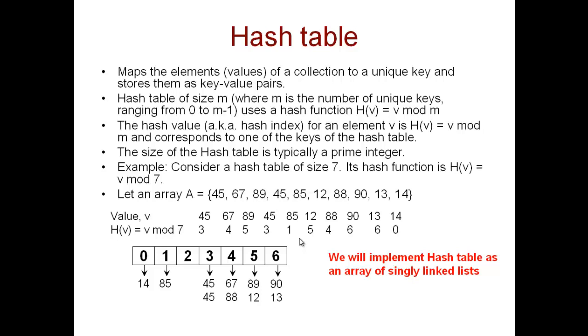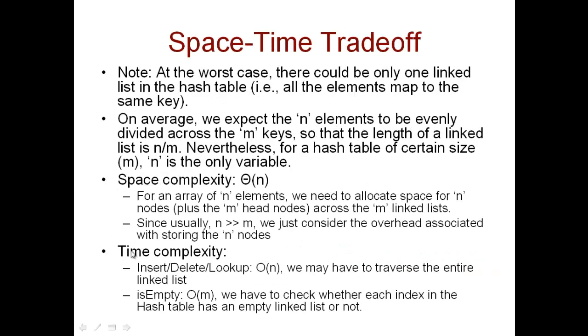It's the same number of comparisons. That is like all n elements are equally distributed. So that's the best case, minimizing the number of comparisons. The worst case is you may have to go through all the elements. All elements end up being in one linked list. So we can say it is big O of n. That's the time to traverse the entire linked list at the worst case.